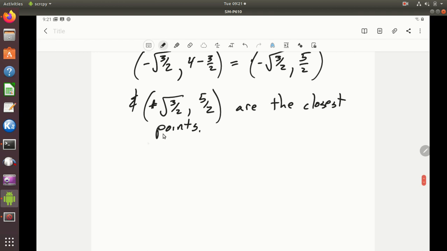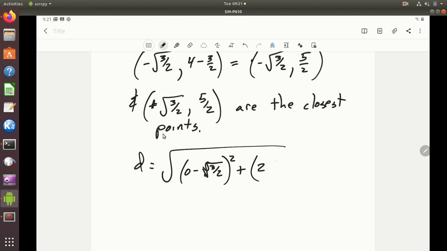And the distance, well, that's the uppercase D. That was the distance squared. Our distance is the square root of 0 minus the square root of 3 over 2, squared, plus 2 minus 5 halves, squared.